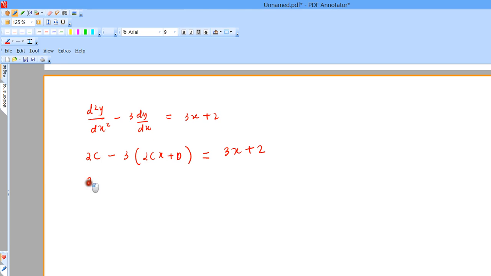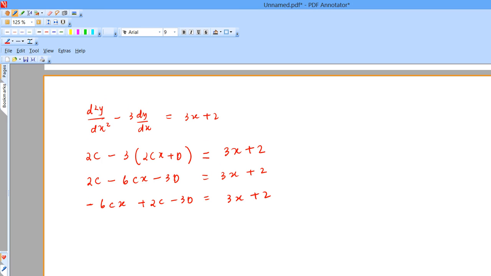So we get 2c minus 6cx minus 3d equal to 3x plus 2. So we have negative 6cx plus 2c minus 3d equal to 3x plus 2.